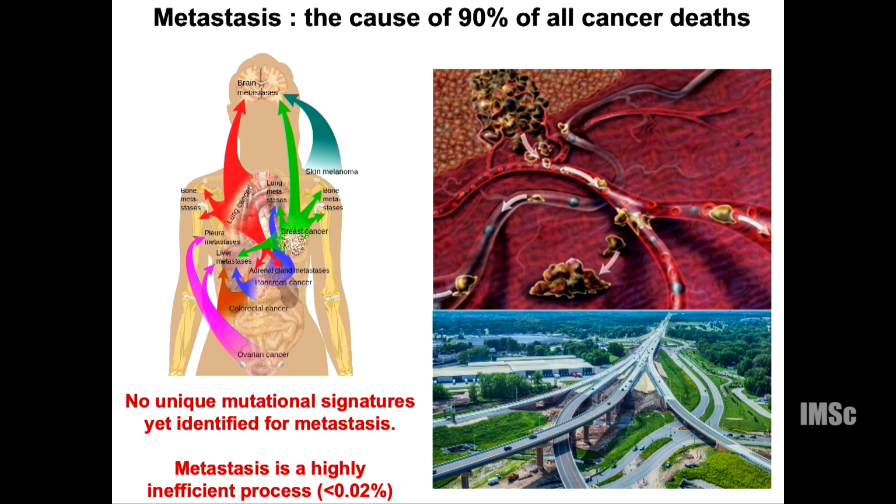So mutational signatures could drive tumor initiation, initial steps of it, but in the context of metastasis, what cells would eventually go to the other site and proliferate and grow a colony, there are no unique mutational signatures known. And metastasis happens to be a highly inefficient process, thankfully. Only out of 10,000 cells, about two cells are able to eventually grow a tumor at the second site.